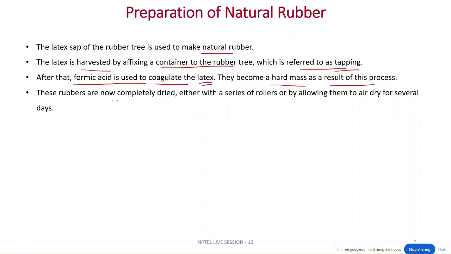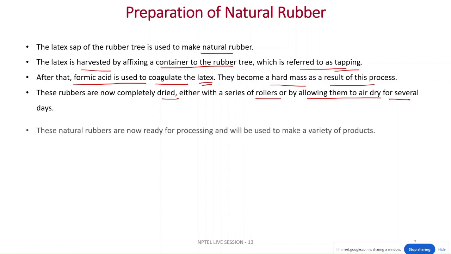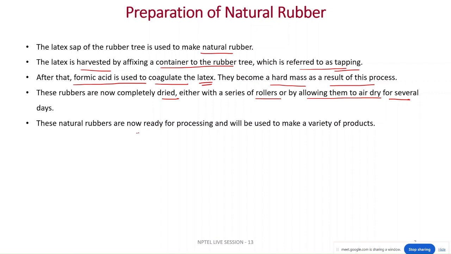This natural rubber is then completely dried, either with a series of rollers or by simply air drying for several days. In such a way, these natural rubbers are ready for processing and will be used for making a variety of products.